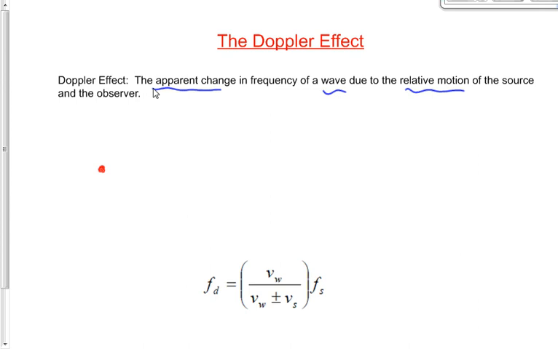Does that make sense? So what's the sound look like surrounding this point source? Whatever it is, whether it's a siren or whether it's some guy talking, the sound's going to look like this. Now, we're going to call that the first wave. Okay. Maybe a second later, that first wave that was made isn't going to be there anymore. A second later, that first wave that was made is going to be out here.